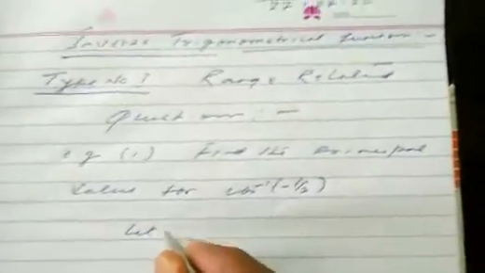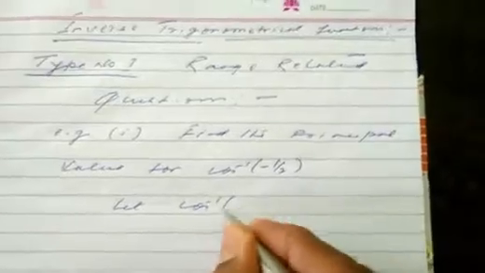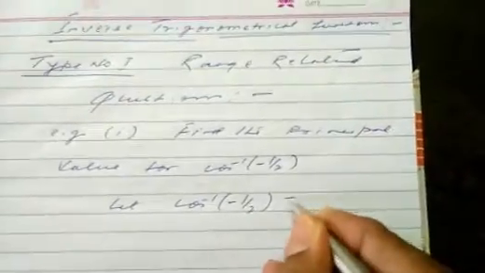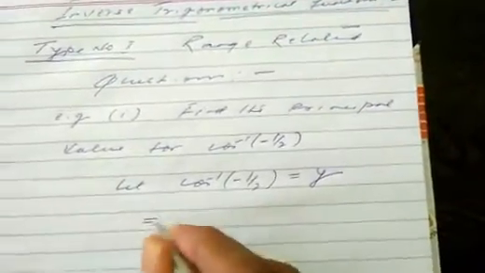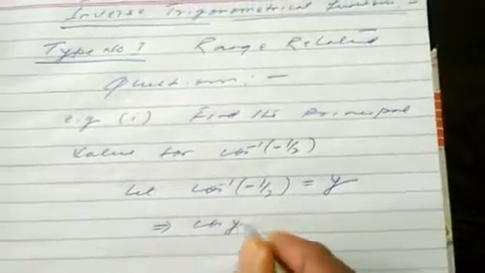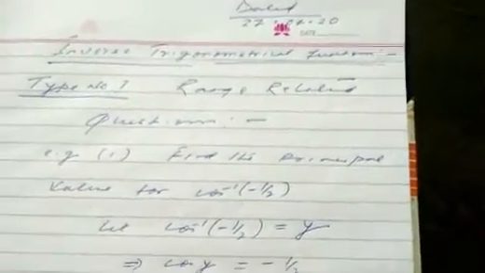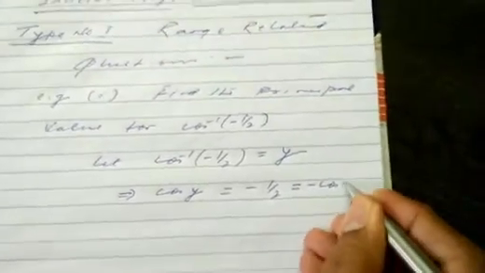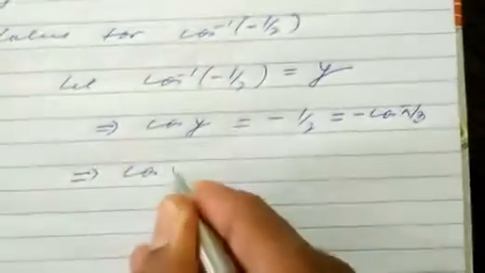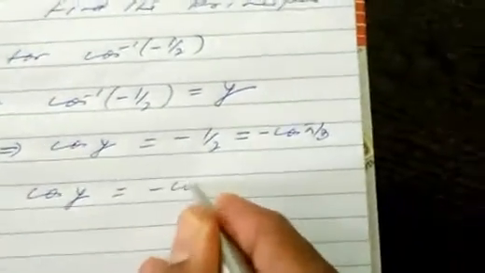Let cos inverse minus half be equal to y. This implies cos y is equal to minus half. This minus half can be written as minus cos pi by 3, because cos pi by 3 is 1 by 2. This implies cos y is equal to minus cos pi by 3.